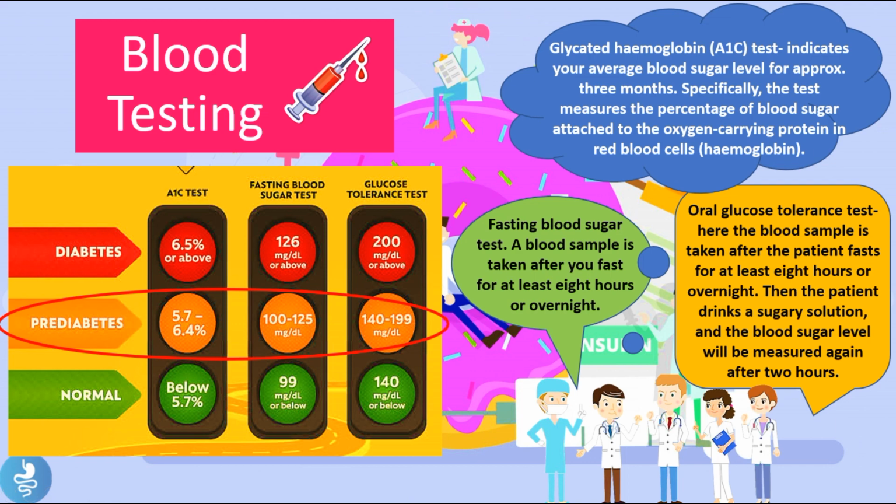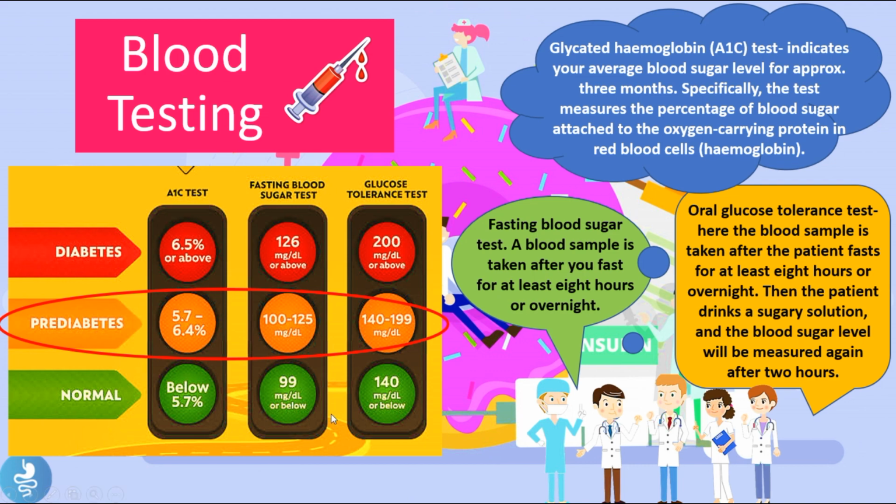And the final test we can do is a glucose tolerance test, also called an oral glucose tolerance test. Here, the blood sample is taken after the patient fasts for at least 8 hours or overnight. Then the patient drinks a sugary solution, and the blood sugar will be measured again after 2 hours.